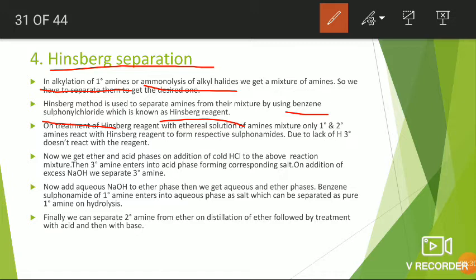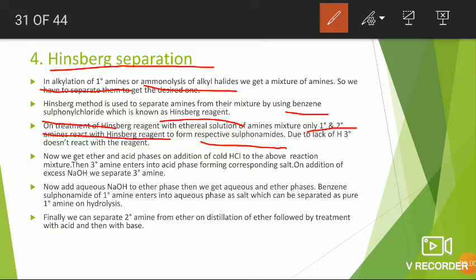If you add Hinsberg reagent to the ethereal solution of the amines mixture, which contains primary, secondary, and tertiary amines, then only primary and secondary amines undergo reaction with Hinsberg reagent to form the corresponding benzene sulfonamides.